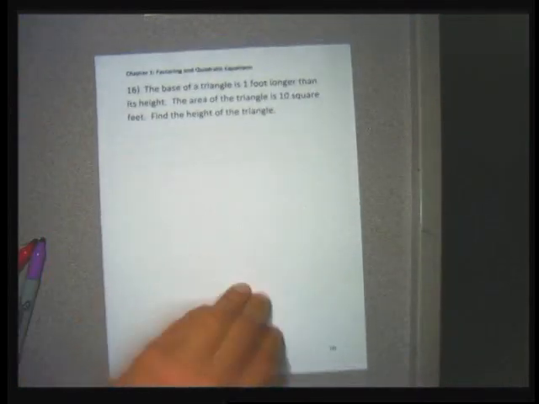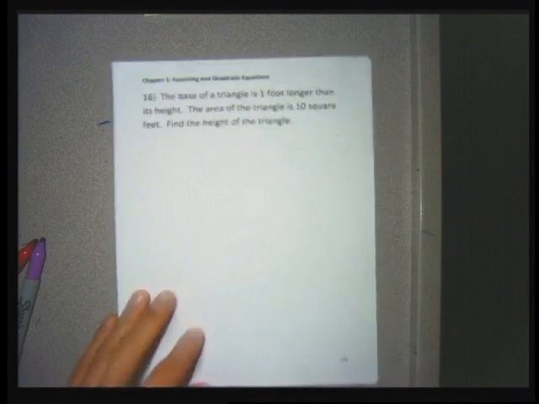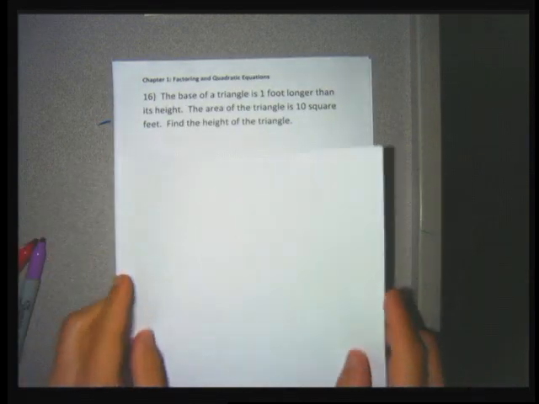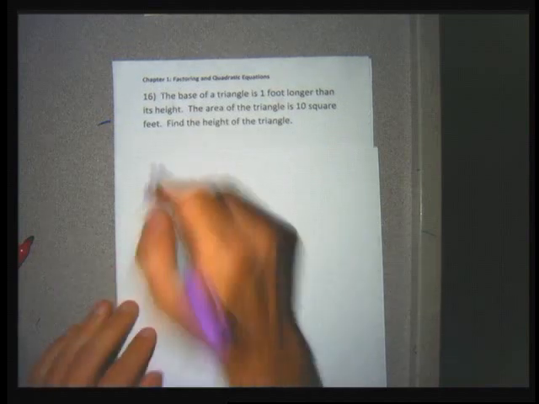Now we have a triangle problem. And in triangles, there's going to be 2 formulas that we might need for triangles. And you may not remember them. I mean, there's no reason to remember them if you haven't done geometry in a while. The 2 formulas that I'm going to need in a triangle, one's just for any triangle.